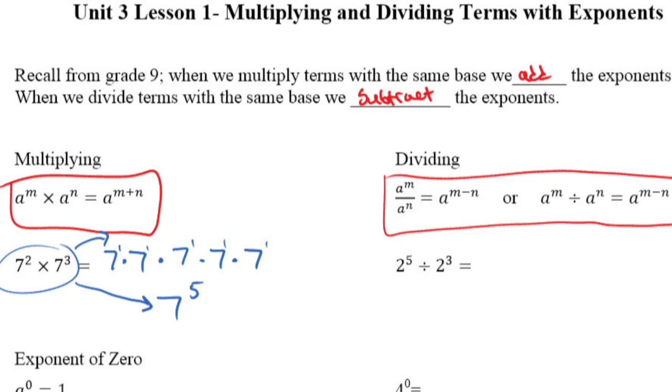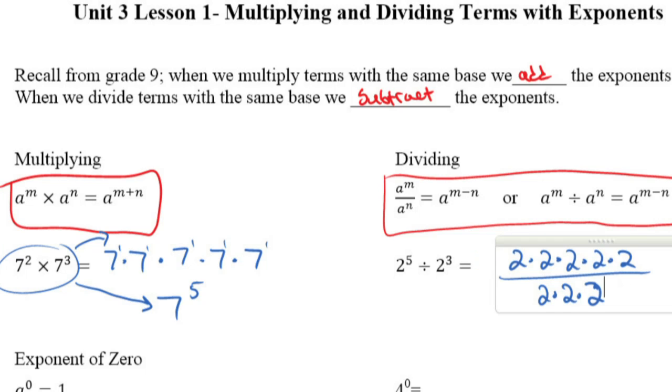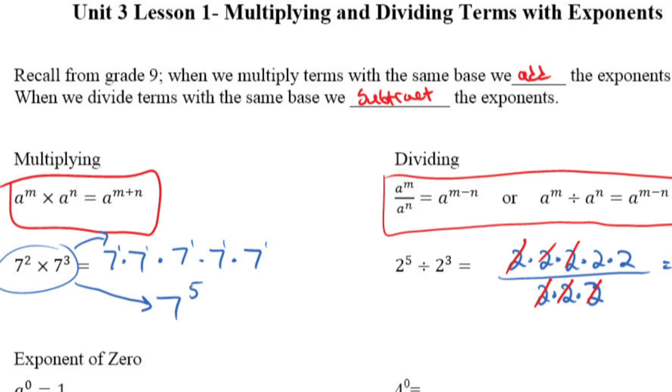Let's do the same thing with division, except I'm going to write it as 2 times 2 times 2 times 2 times 2. That's 5 2s, and I'm going to divide by 3 2s. Now, I can go, 2 divided by 2 gives me 1, 2 divided by 2 gives me 1, 2 divided by 2 gives me 1, and I'm left with 2 2s on the top.